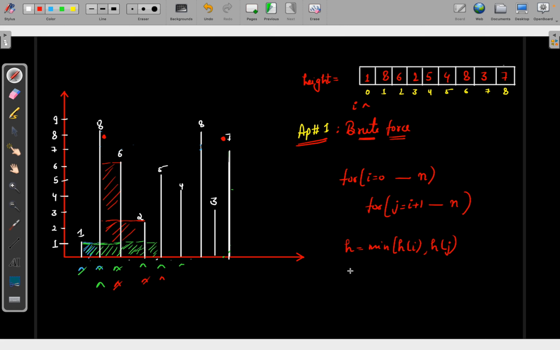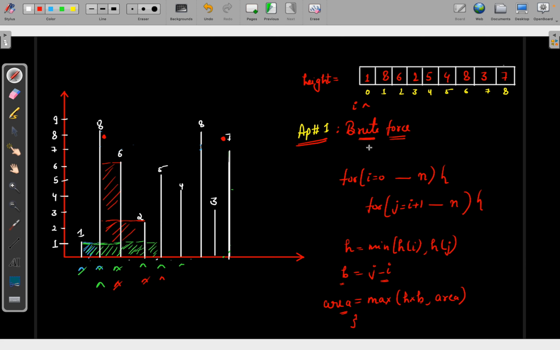Then breadth is basically j minus i, so I got height and breadth. Then I will calculate the maximum area, which will be the maximum of height times breadth and whatever area we have previously calculated.